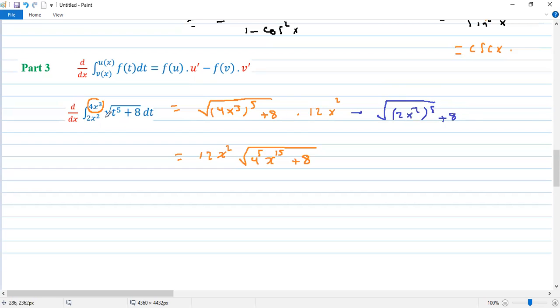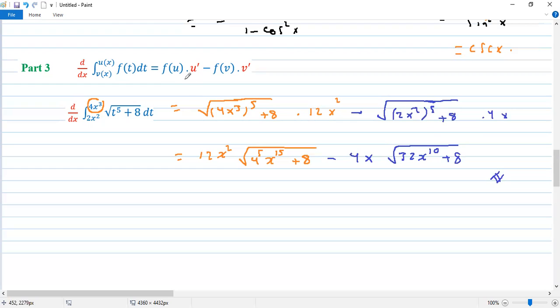So the t now is 2x squared, times, see the rule, v prime, the derivative of 2x squared, which is 4x. And minus we have here 4x multiplied by 2 to the power 5 is 32, and x squared to the power 5 will be x to the power 10, plus 8. So this is the answer of the last one.